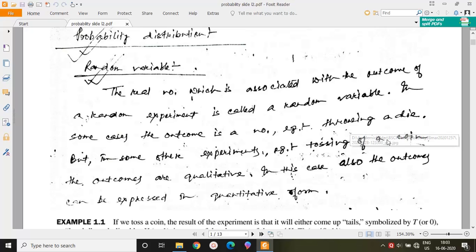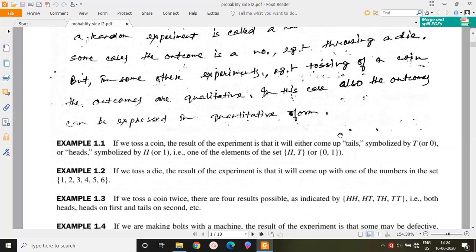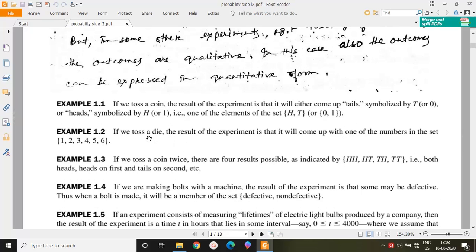One is the cases where the outcome is directly a number. In that case, the outcome itself is the random variable. But in some cases, the outcomes are qualitative, which you can convert into random variable, that is in numerical form also. To illustrate, suppose you throw a die.